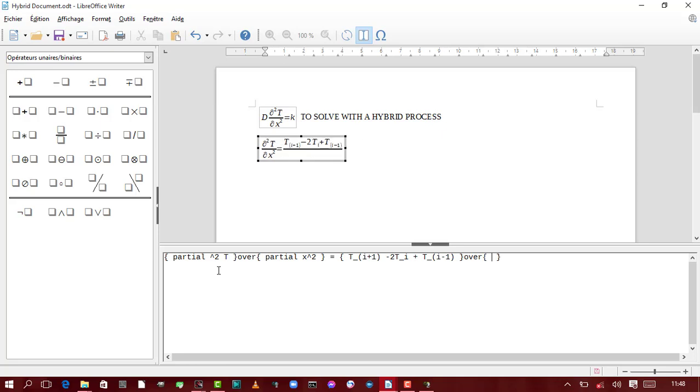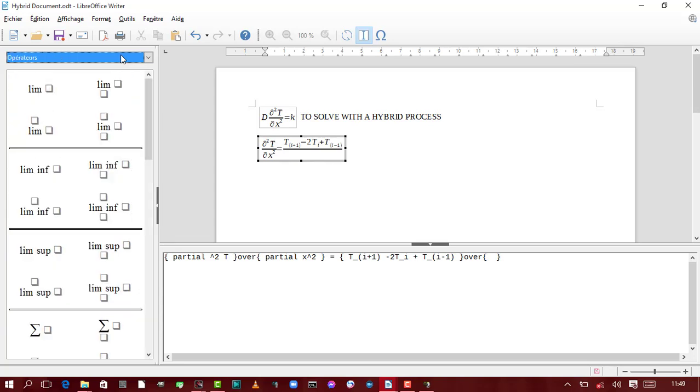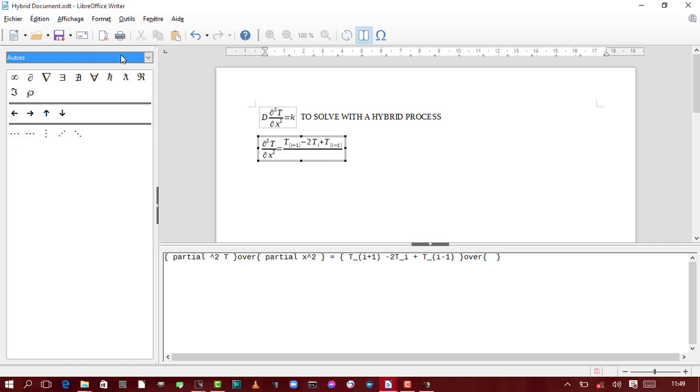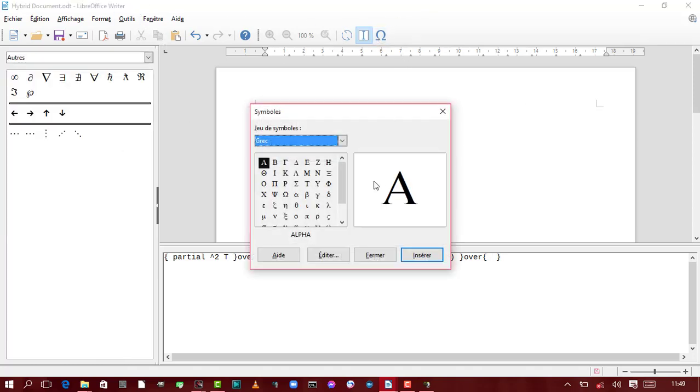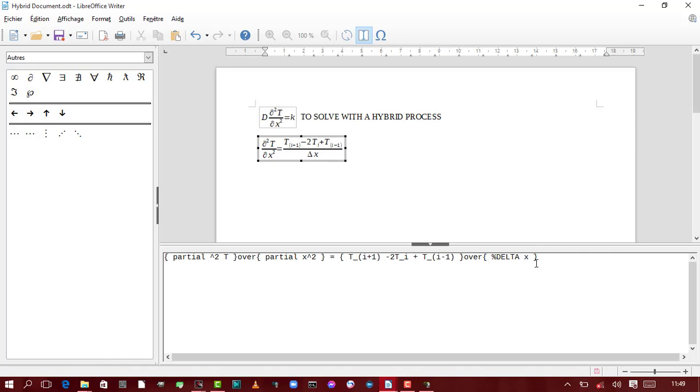delta, and let me find the symbol here. Delta x to the 2.